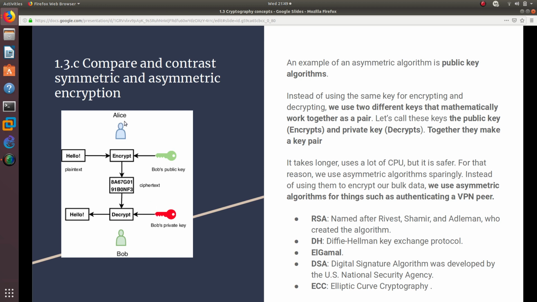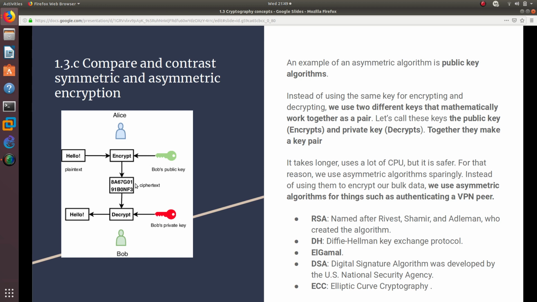Elise knows Bob's public key because of the CA, which sends over the public key for Bob. Once we know Bob's public key, we encrypt the data and send it over to Bob, and Bob is the only one who has his private key, so he's able to decrypt it.